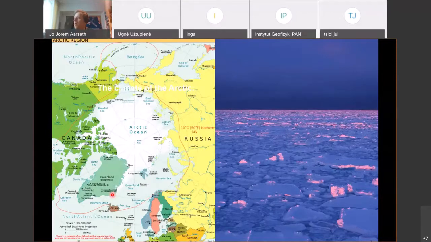But this is an area which is semi-land, and a lot of different animals can live around these ice floes. As I told you, the 10 degree isotherm in July, where the average summer temperature in July does not exceed 10 degrees Celsius, is the border of the Arctic, which you can see here with the red line.